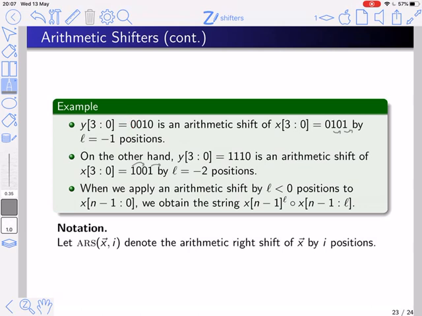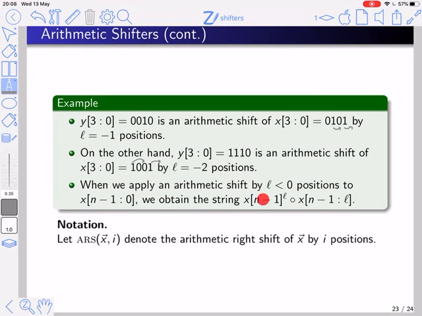The most significant bit here is 1, and therefore I see here 2 ones in the beginning. Okay, when we perform an arithmetic shift to the right, or you could say to the left by a negative amount, that's the same thing, then you will have L copies of the most significant bit, followed by the rest of x. Okay, we denote by ARS(x, i) the arithmetic shift of x by i positions.